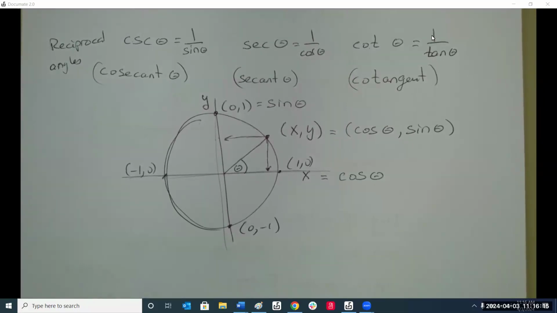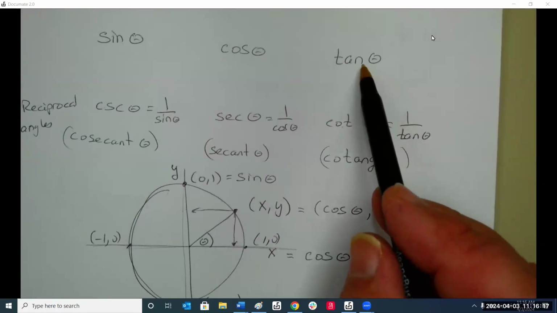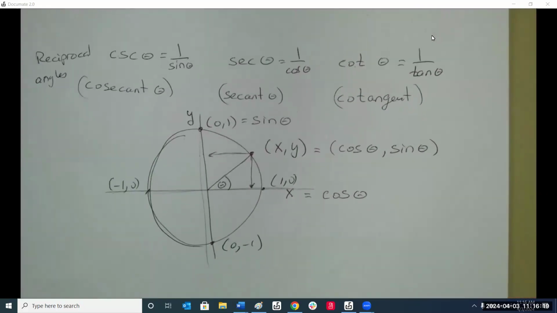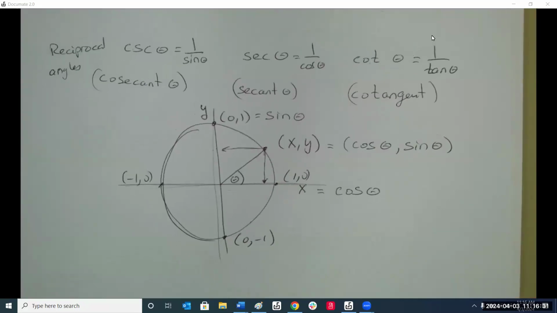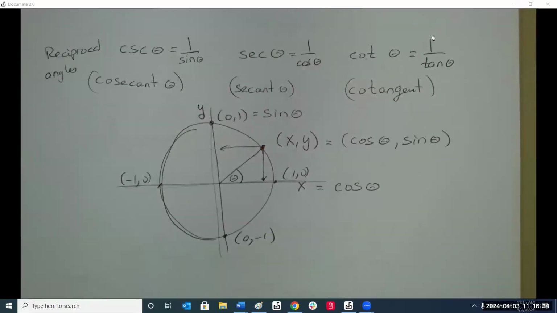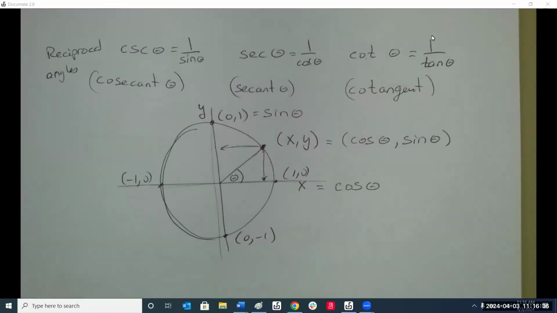So far, so good. What does tangent mean? If we define the word tangent, what does that mean? That's adjacent or parallel. So at this point here, what would something tangent to it be?